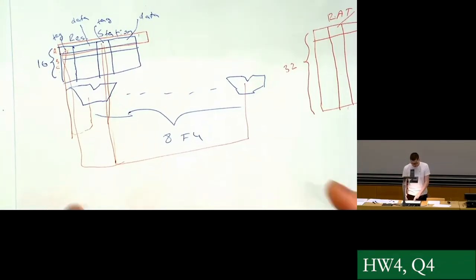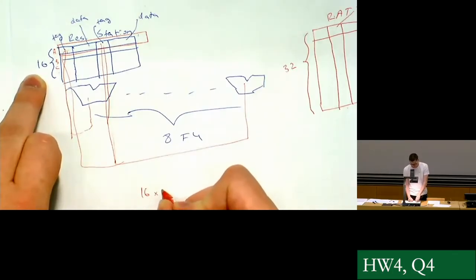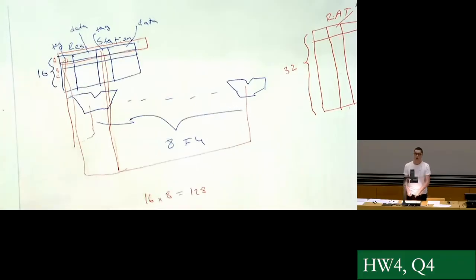So there are 16 entries in a single reservation station, and we have 8 reservation stations in total, right? Which makes 128. So this is the address space that we should be able to address, right?